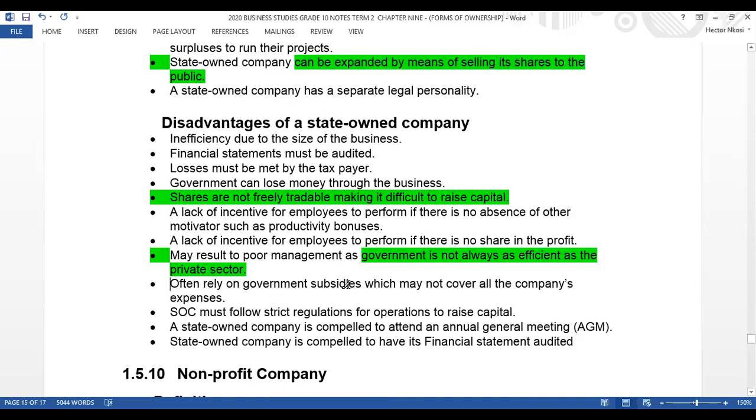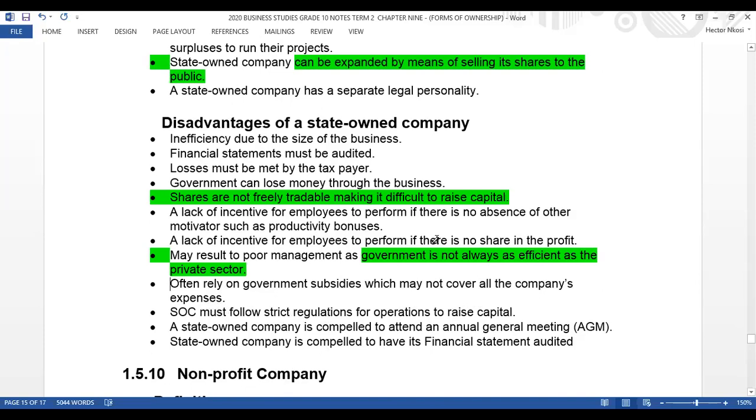They often rely on government subsidies, which may not cover all the company's expenses. Your state-owned company must follow strict regulations for operations and to raise capital because we're under government. Also, a state-owned company is compelled to attend an AGM, which is more admin, since we have to attend your annual general meeting.